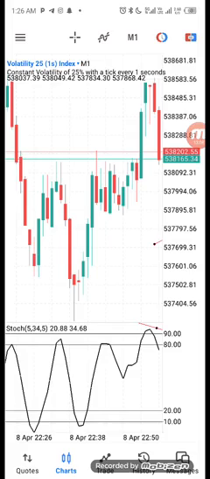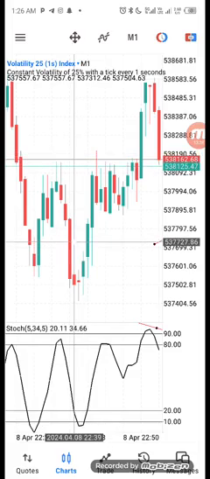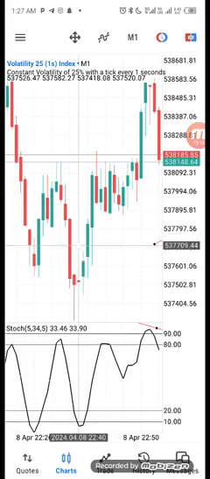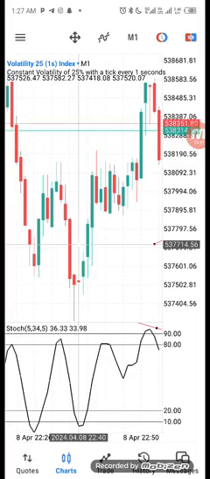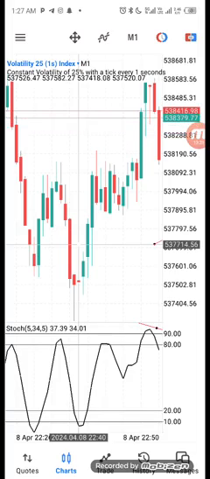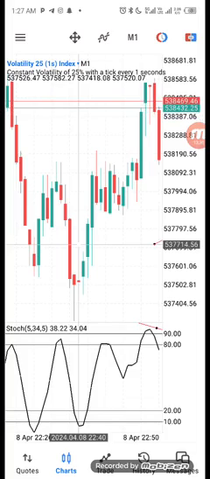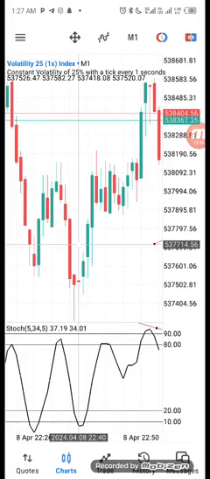Let's check another formation. If you continue checking, you will get more and more of these formations, and with this kind of formation, there is the possibility of getting almost a 90 to 95% winning rate if you are using it to trade binary options, because it's very, very effective. To be honest with you, it's very, very effective.